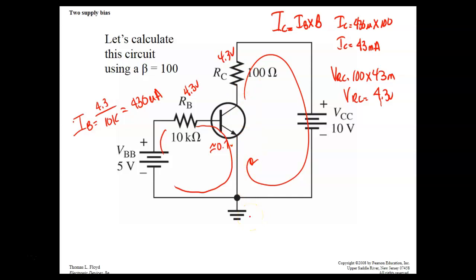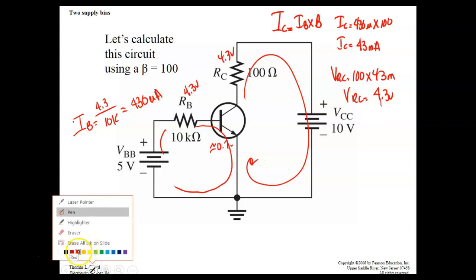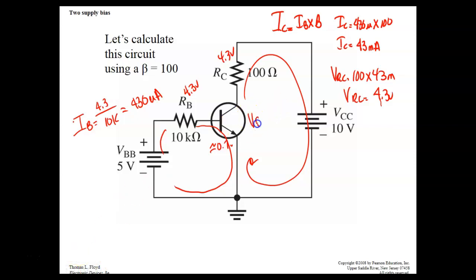You have to drop 10 volts, excuse me. So what would be the voltage collector to emitter? According to Kirchhoff's law, this guy and this guy have got to drop 10 volts. So it's going to drop what? 5.7 volts.